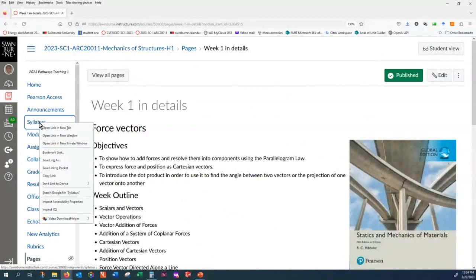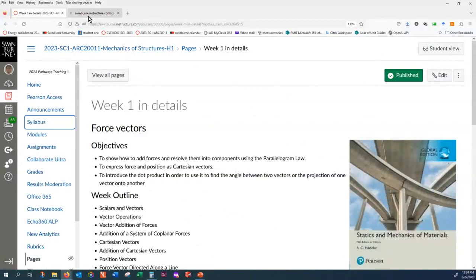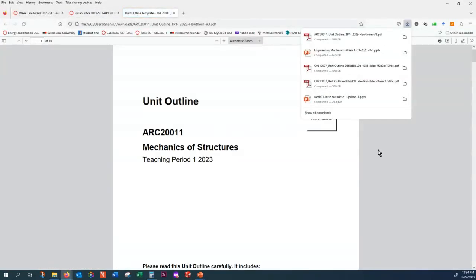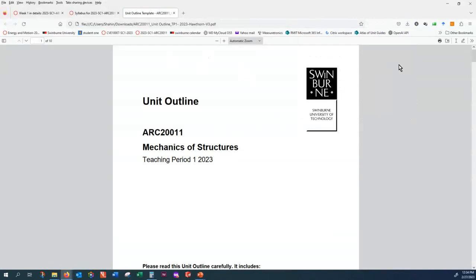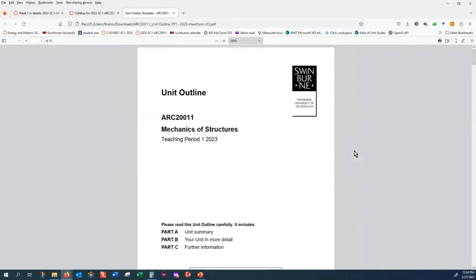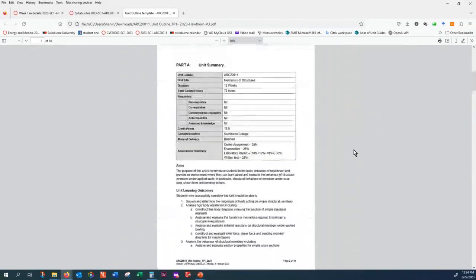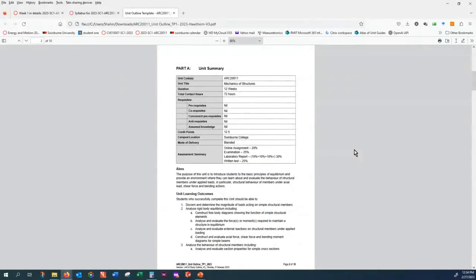So if you try syllabuses, that brings you to a new page, and here you can access your unit guide. The unit guide is a very important document, and it tells you all you need to know about important aspects of this unit. So here we have 72 hours, 12 weeks, a combination of the lectures and tutorial. Monday lectures would be online, and 2 hours at the very same time.